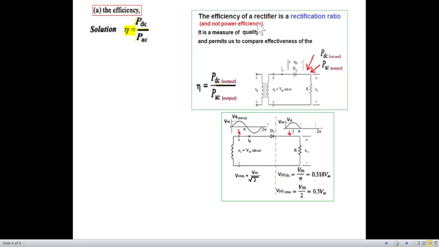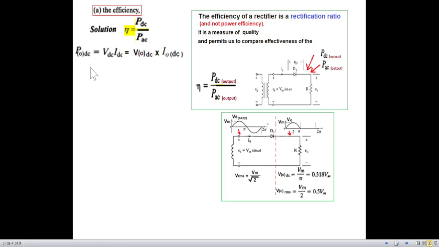The efficiency of a rectifier is a rectification ratio, not power efficiency. So keep in mind that although we are using the power formulas here, it is a measure of quality and permits us to compare the effectiveness of the rectifier.